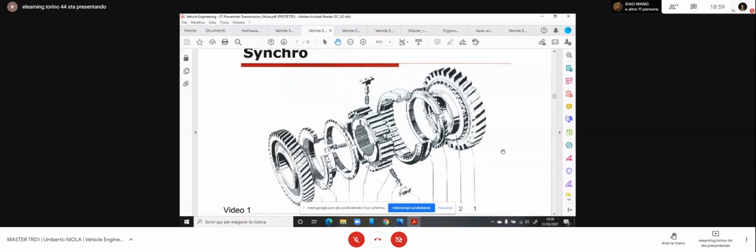And this is very sensitive to move the gear shift and pass to the following gear without pressing the clutch at all. This is really a great training.